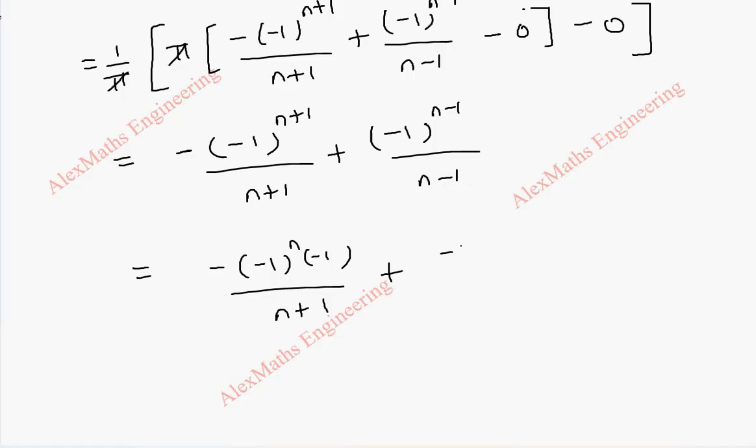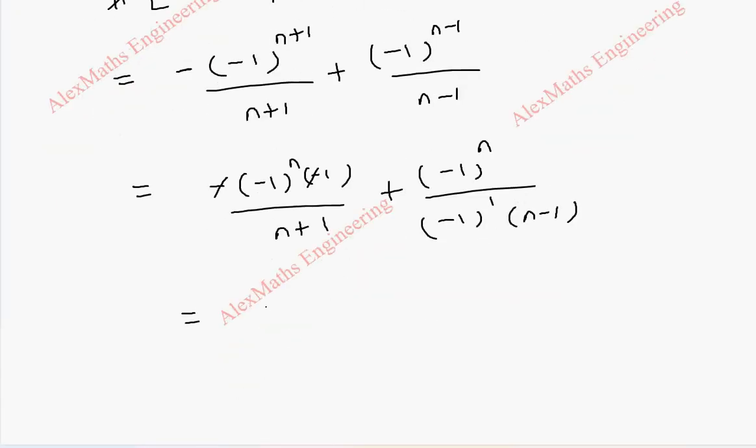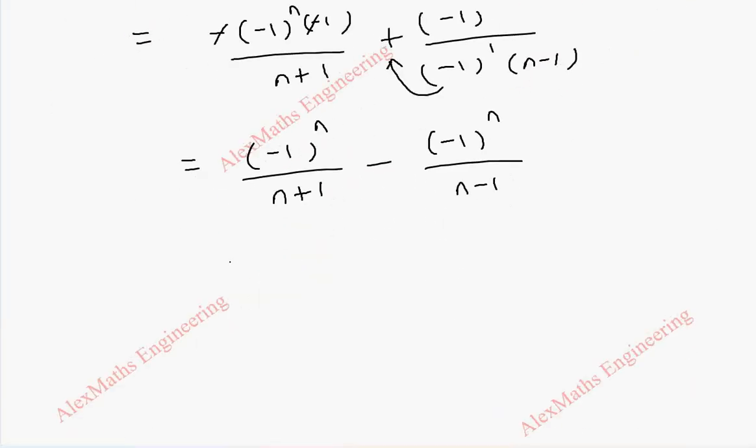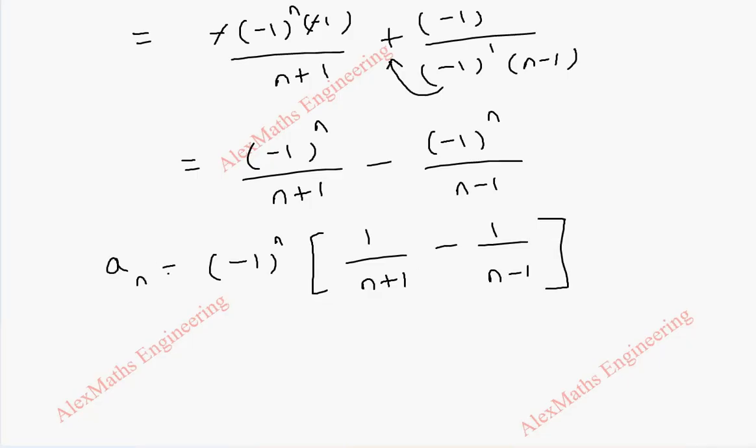Then again this is (-1) whole power n by (-1) whole power 1, then we have n-1. So this minus and this minus we can cancel, and finally we are left with (-1) whole power n by n+1, and this minus sign we can keep in the middle. So minus of (-1) whole power n by n-1. Now (-1) whole power n, when we take common, 1 by n+1 minus 1 by n-1. So this is our an.